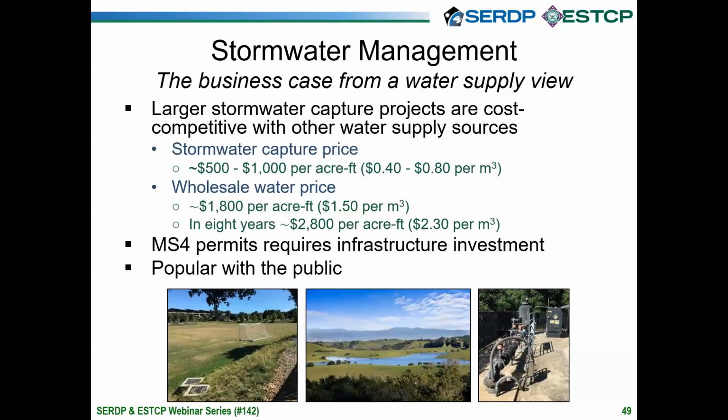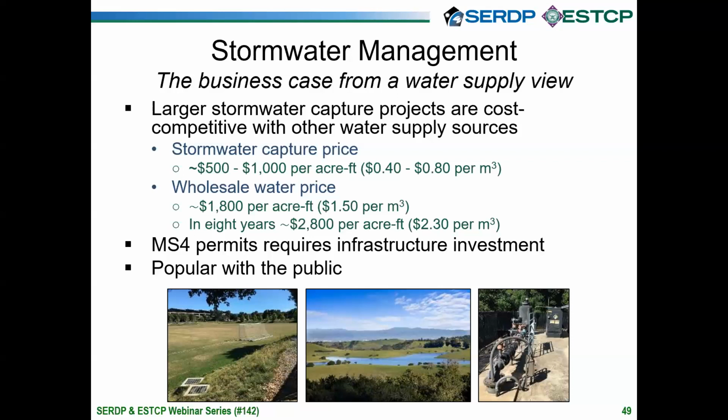Compliance with MS4 permits requires that we do infrastructure investment. So as we're doing that, we should keep an eye out for the co-benefits and think about, is there an opportunity to do something with the stormwater other than just discharge it? Stormwater control measures and co-benefits are very popular with the public and regulators.